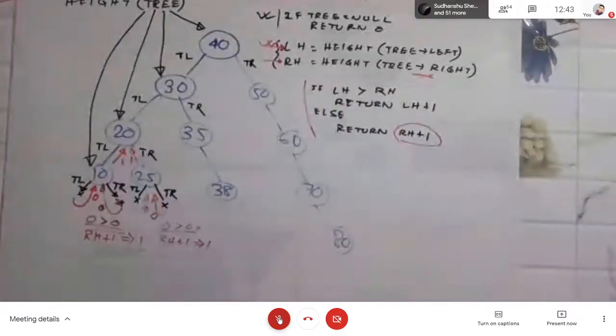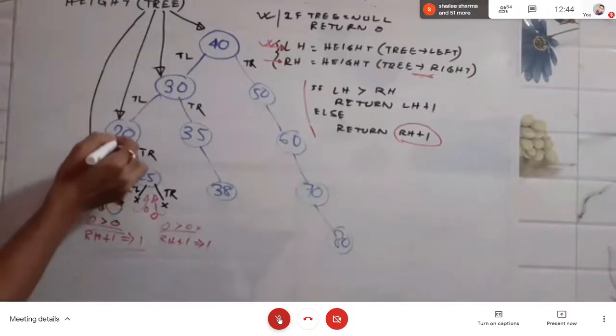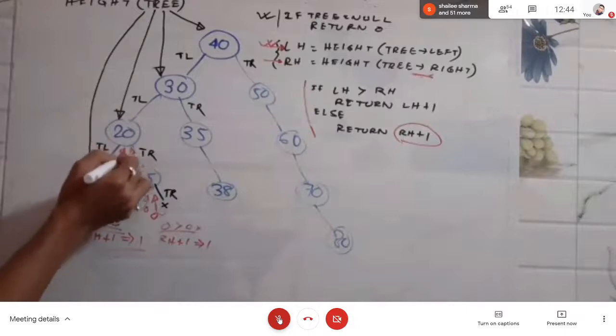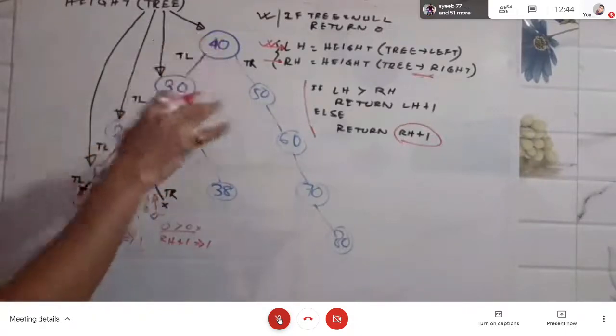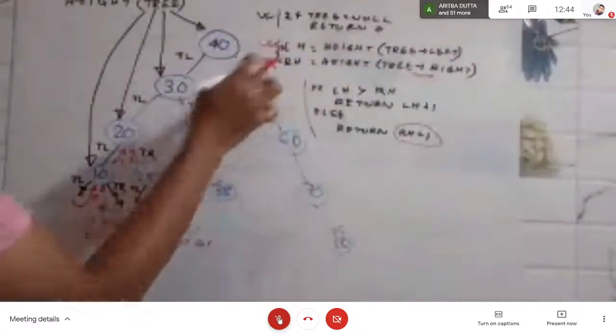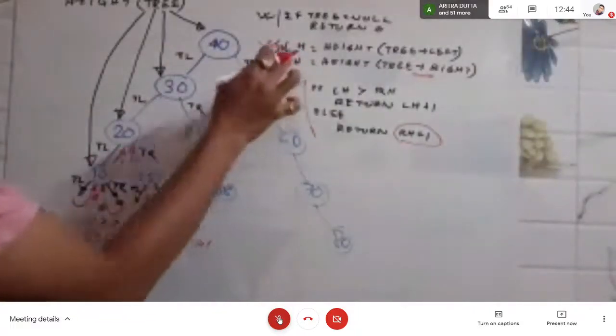Clear? So 25 will also return the value 1 to whom? To 20, because 20 was actually calling 25. So sitting at 20, it has received the value 1 from 10, and it has also received the value 1 from 25. So at 20, LH is 1, RH is also 1.